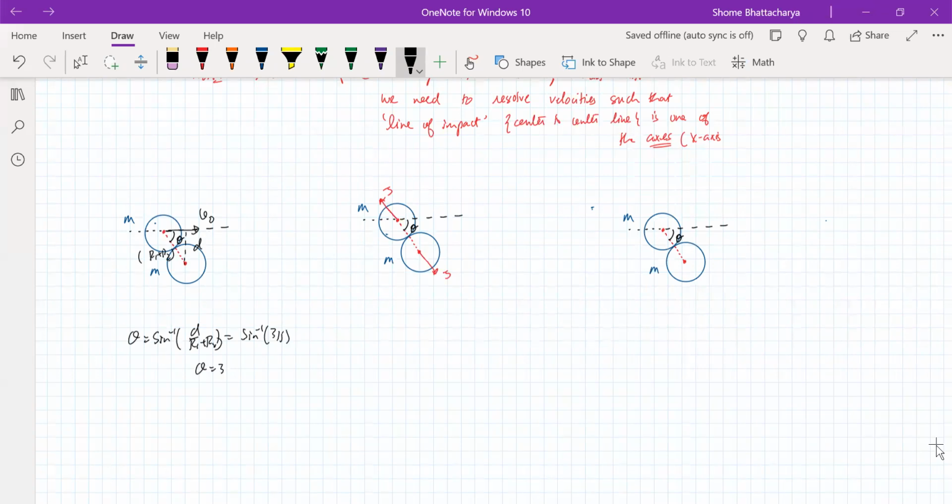So our theta is 37 degrees. But the masses, remember, are not equal anymore. They're different masses. So the final velocities will not be perpendicular to each other because the masses are different.